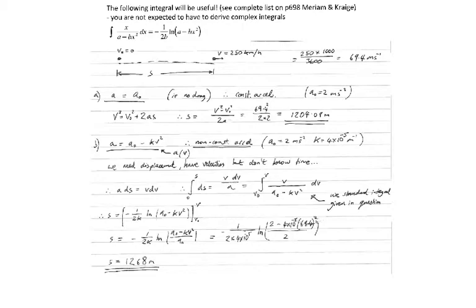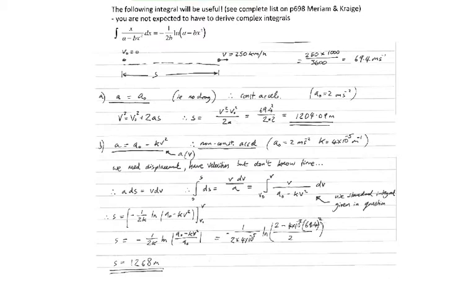Okay, so for part B, you now have this drag component, so you have this functional form of acceleration dependent on velocity v, minus kv squared, where k is given, and you have to change acceleration as the aircraft is speeding up. So really the equation you need to use here is one of the three key equations.